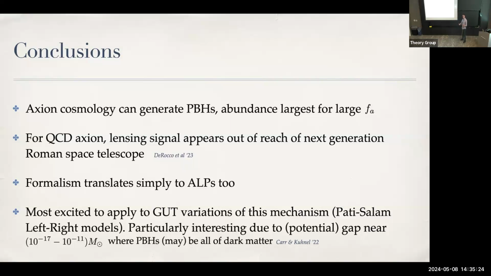The masses of the PBHs, which are set by roughly the horizon size and the wall tension, may be in the mass range between 10 to the minus 17 and 10 to the minus 11 solar masses, or potentially all of the dark matter could be PBHs. So there are some differences between that and this model, but I'm very excited about applying some of this formalism to that. So thank you.